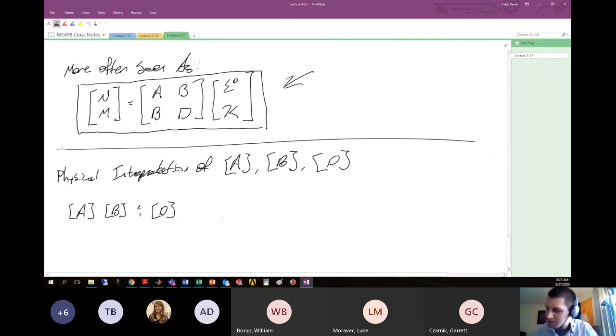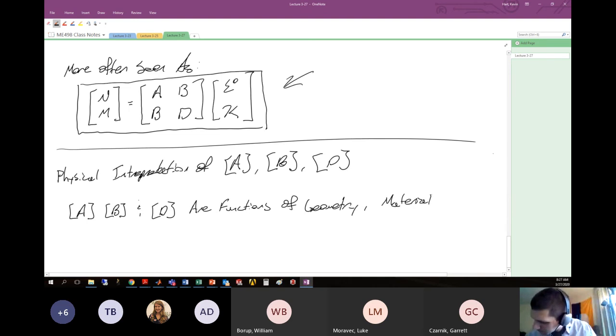So A, B, and D are functions of geometry, like the thickness of the individual layers. They're functions of material properties, so the stiffnesses of the individual layers, for instance, and stacking sequences.